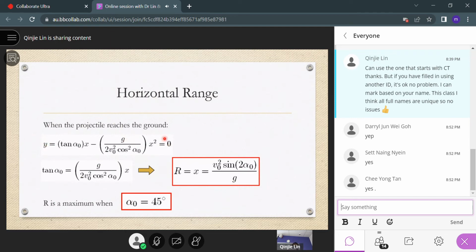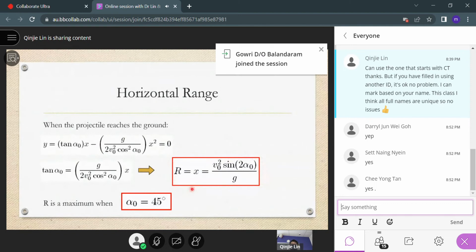Because when you throw something and it goes to the other side, y goes back to 0 when it hits the ground. That is the criteria to find where it can exactly go. If you set that as the criteria, you will be able to find the range.